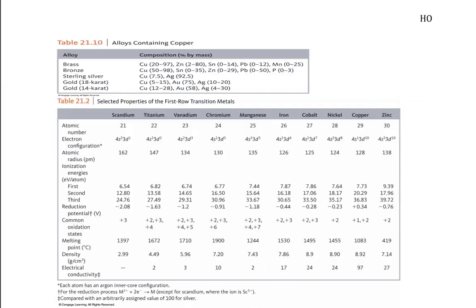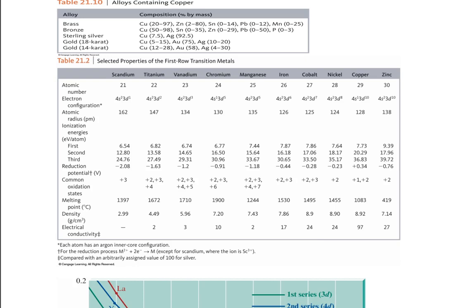Next, we have a table of properties of the first row transition metals, and you probably will want to refer to that as you go through the chapter, as you do homework problems and the quiz. So that's an important table. A few items I want you to focus on are electron configuration.